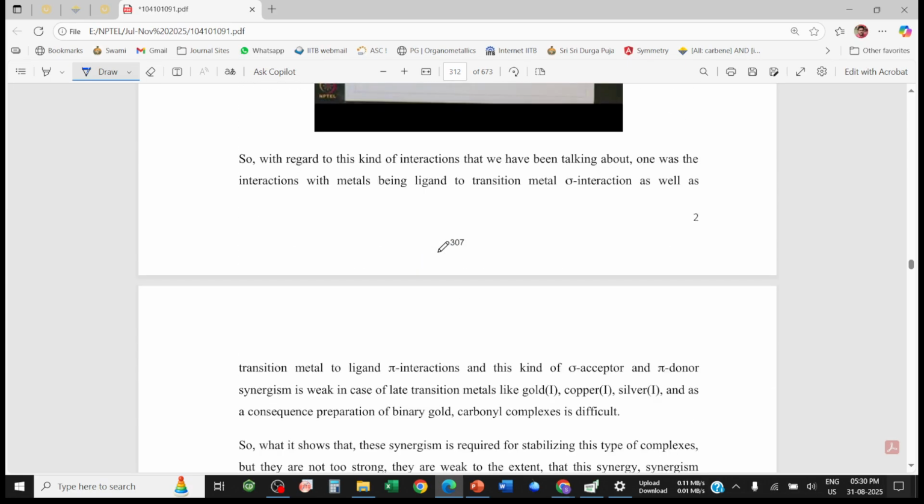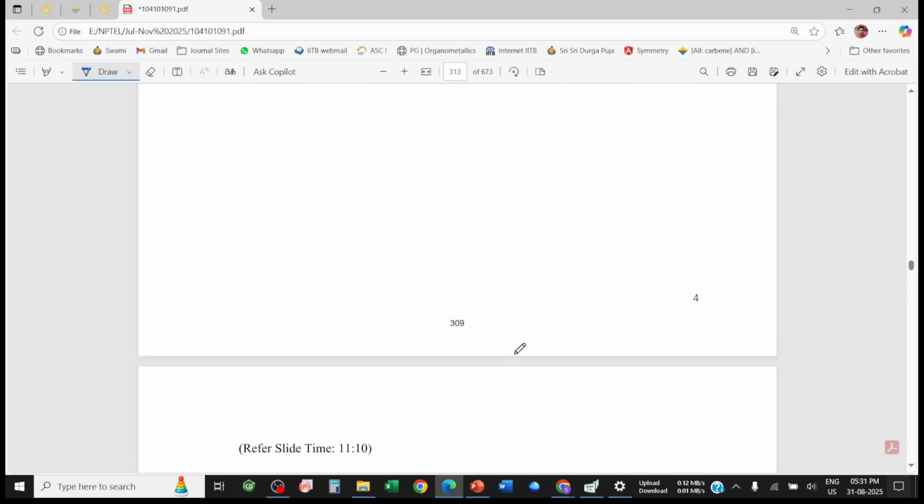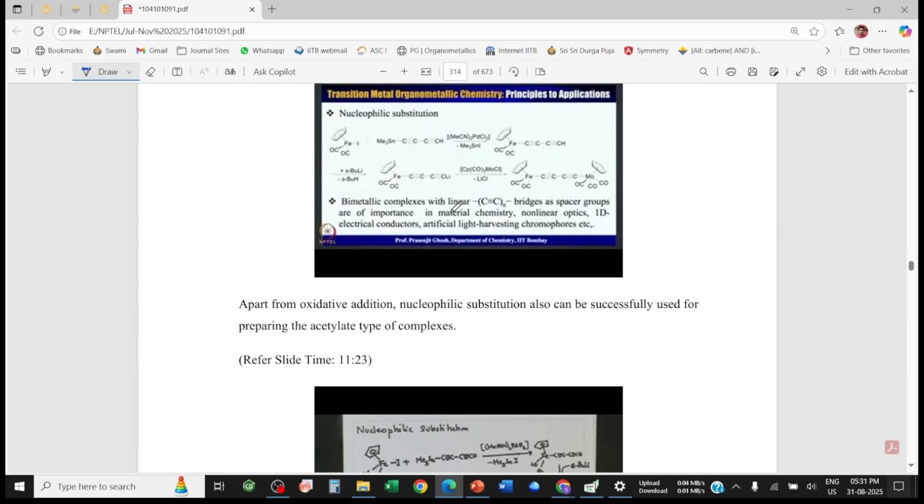And in the last lecture we have seen the formation of palladium 2 acetylide complexes via oxidative addition reaction, as well as some linear bimetallic complexes, which I have already mentioned in the first question of today's series.